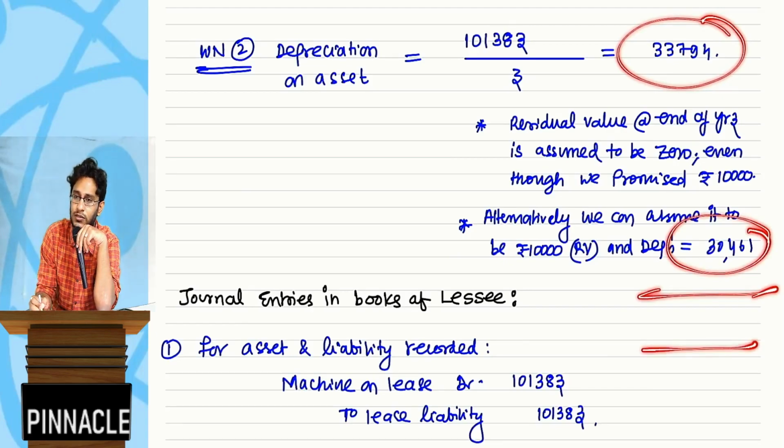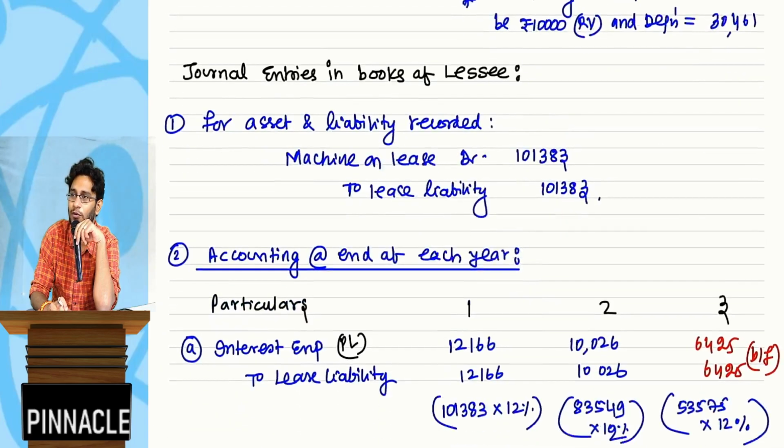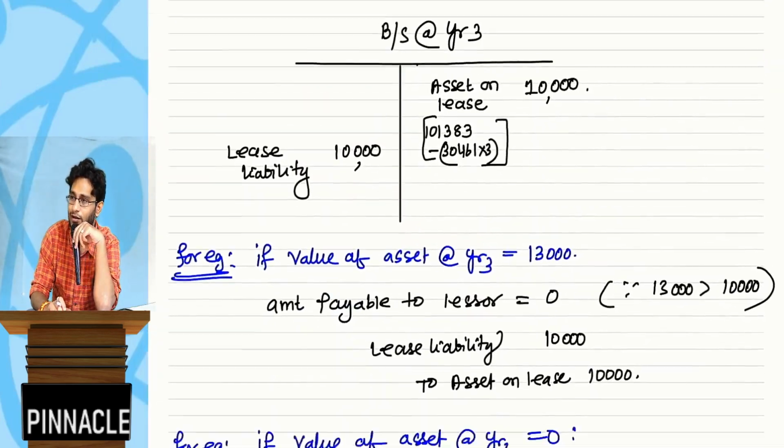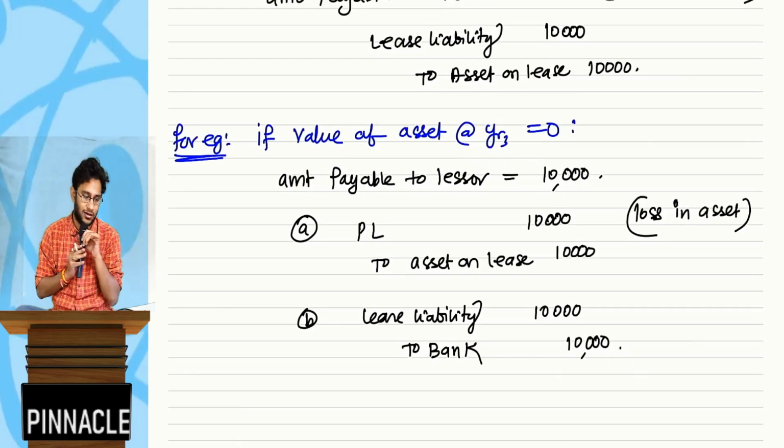Every year how much impact on P&L did you save? Expense reduced, no? Check how much: 33,794 minus 30,461. Every year how much expense did you save in P&L? 3,333. Like that for how many years? Times 3. But 10,000 you escaped, no? Now that 10,000 has come into the P&L. Do you understand? There is no magic here.